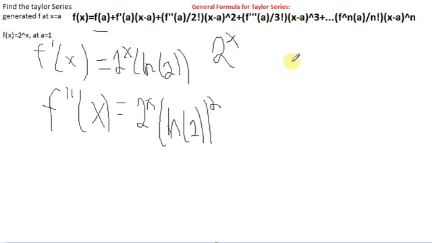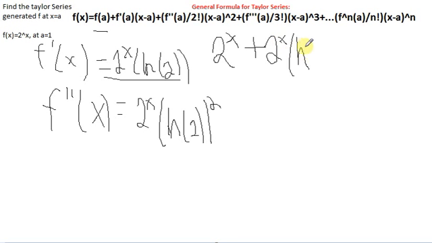As you can see, the derivative of the original function is 2 to the x ln of 2. So the next term would be plus 2 to the x, which we're getting from over here, ln of 2. Sorry for my bad handwriting.